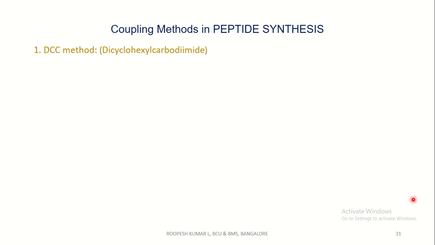And coming to the important method, that is coupling methods in peptide synthesis. One such method is the DCC method, dicyclohexylcarbodiimide is DCC. This is the structure of DCC, that is dicyclohexyl, this is a carbodiimide moiety.